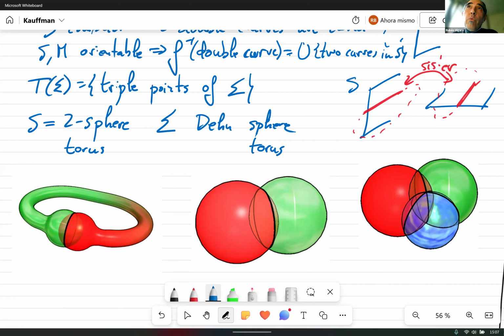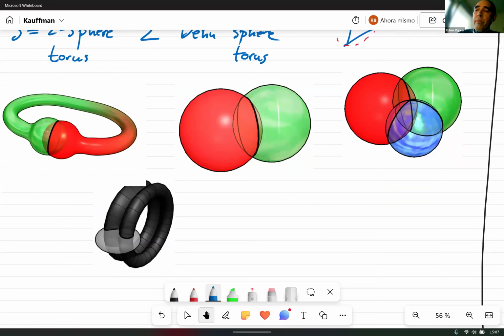Another surface with non-connected domain, for example, this one.